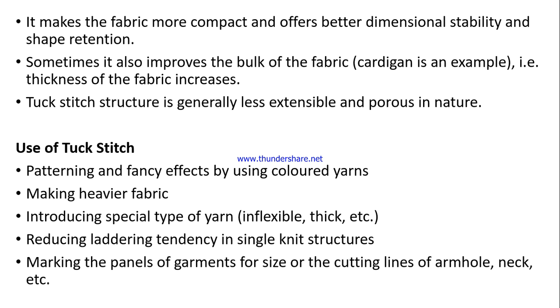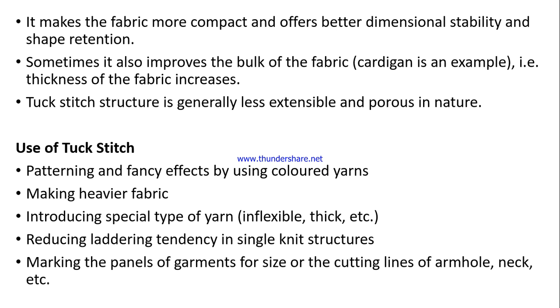Reducing laddering tendency in single knit structure. Laddering is one of the defects in the knitted fabric, single jersey knitted fabric, where when a loop is broken, then the fabric tends to disintegrate. The disintegration will be like a ladder, which I shall show you later on with an image.